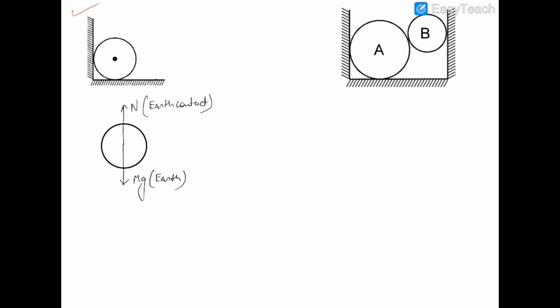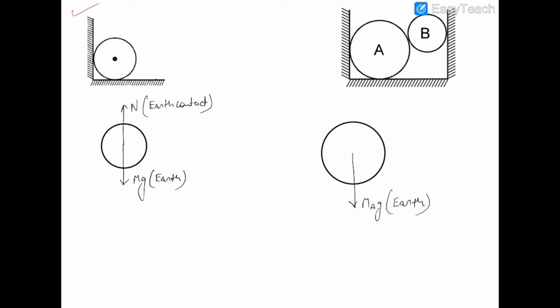Okay, now in this second situation, we can see that balls A and B are situated like that, and a force of mAg is acting on ball A downwards due to earth.